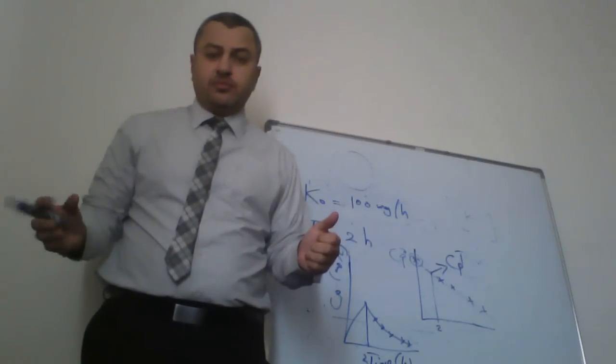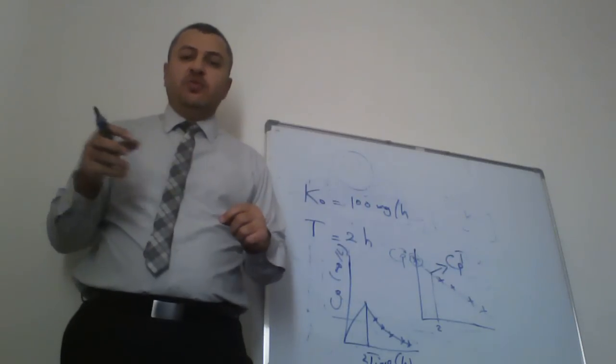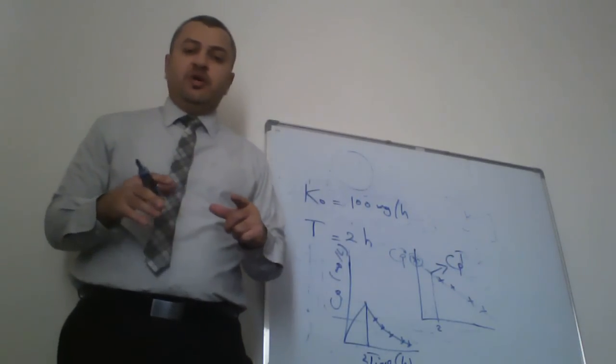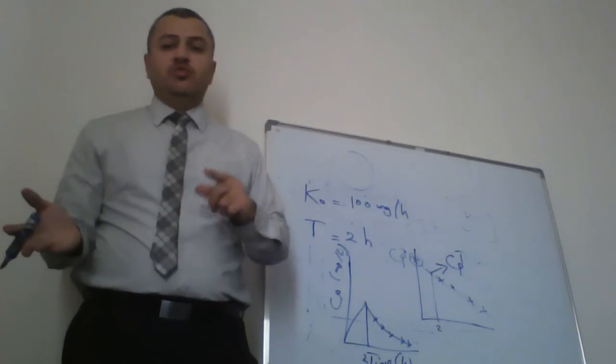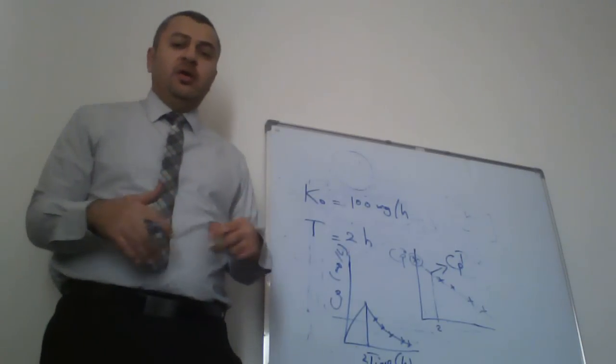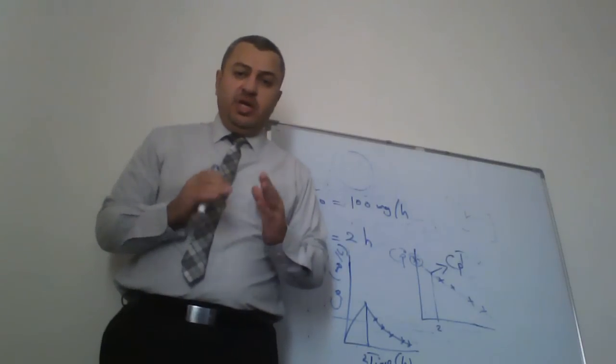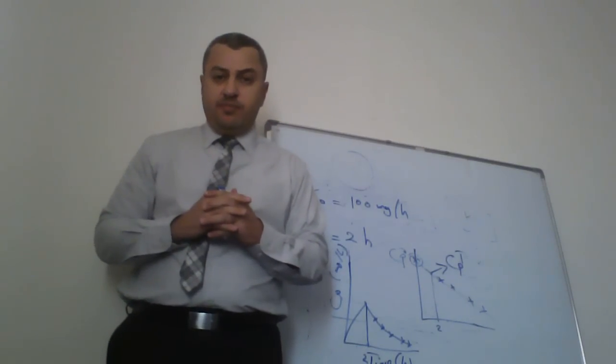Okay? Now, I got my KEL from the slope. Slope is equal to minus KEL. And you know that it's log concentration 2 minus log concentration 1 divided by T2 minus T1, which will give you a negative value, and then you can get your KEL in hour to the power of minus 1.